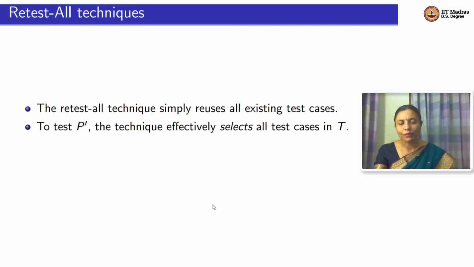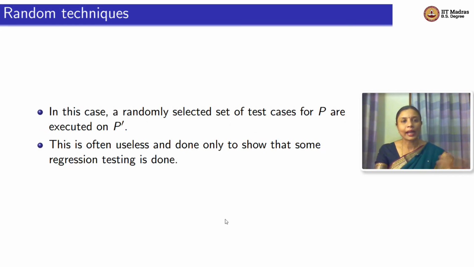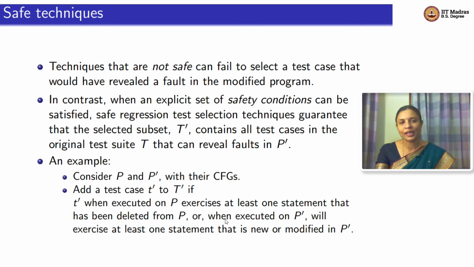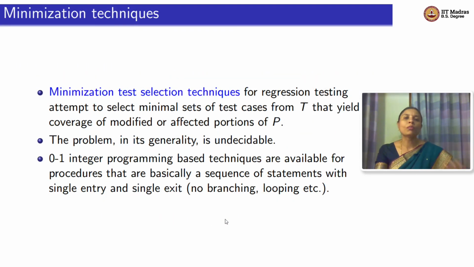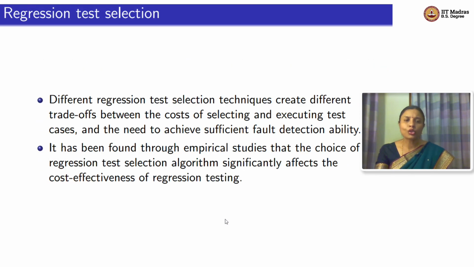So basically there is this choice of regression test cases. These are two extremes: retest everything, or randomly choose a set; then safe techniques, techniques based on data flow, minimal sets of test cases, generic test case selection techniques for regression testing. So it's up to us to choose what we want based on several factors: cost, customer needs, explicit requirements given by the customer for regression testing, density of faults, whatever.